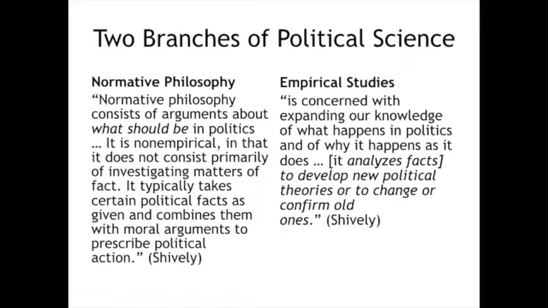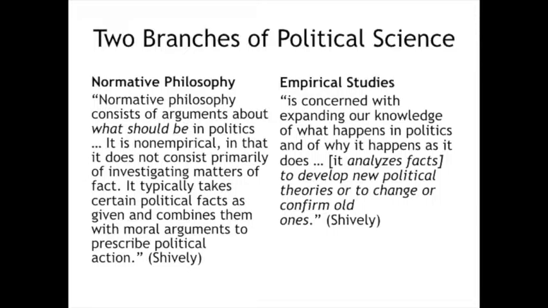And that is the division of political science into the branches of normative philosophy, consisting of arguments about what should be in politics, and empirical political science that looks mainly at matters of fact.